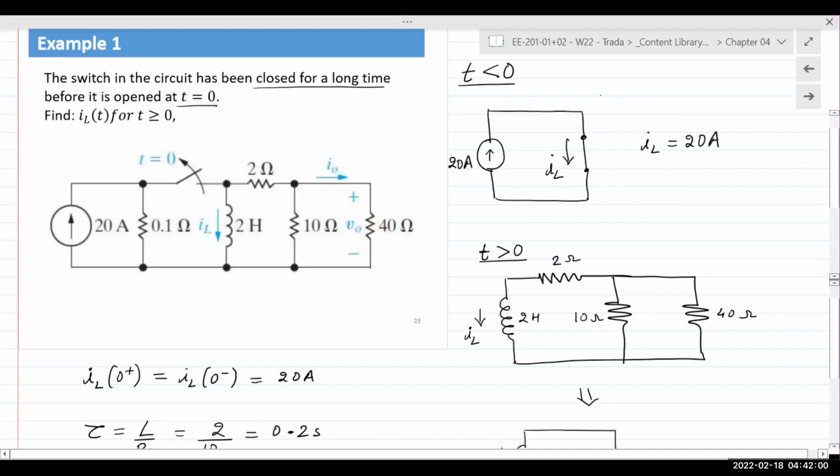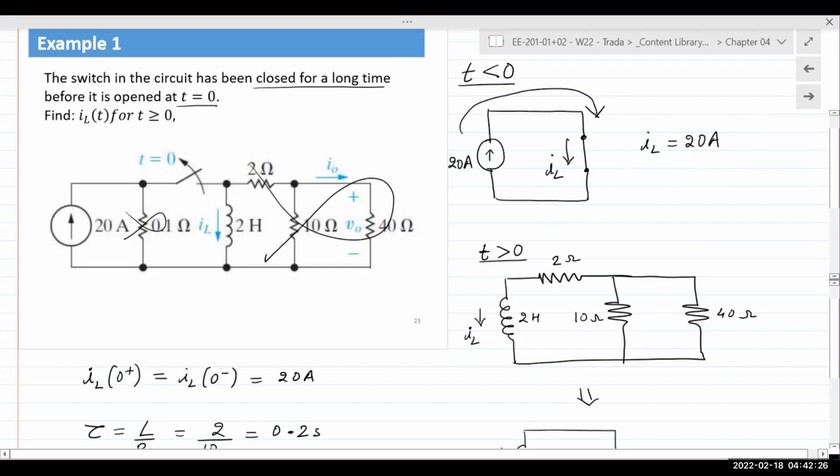At steady state, the inductor is fully charged and it behaves like a short circuit. So everything else in the circuit is effectively removed because it is in parallel with that short circuit. For t less than 0, all we have is a current source, and the current is flowing through that inductor.